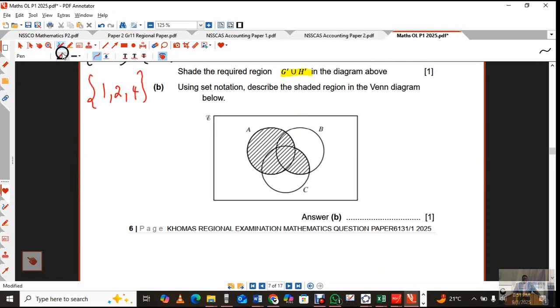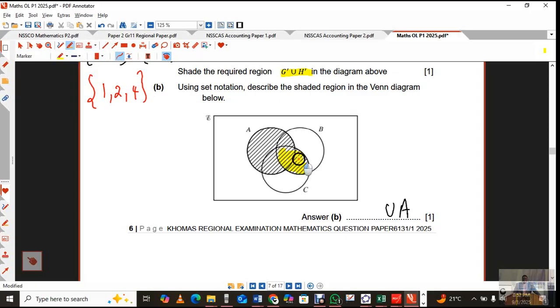I seem to be wasting a bit too much time. You are supposed to shade or to use set notation to describe the shaded region. Now, all of A is there. Since all of A is there, I'm going to say, okay, all of A, so it will be the union of whatever I'm doing here with everything in A. And then after I have decided all of A, what does this region here represent?